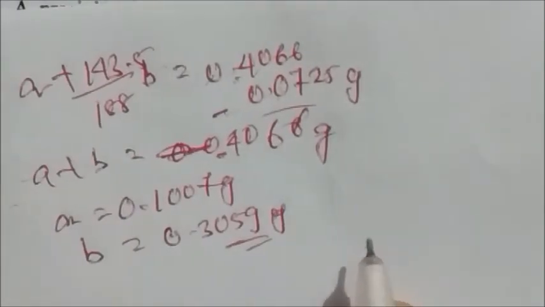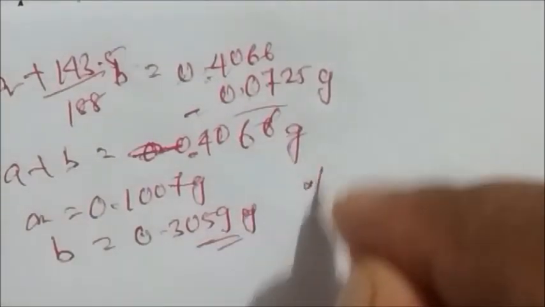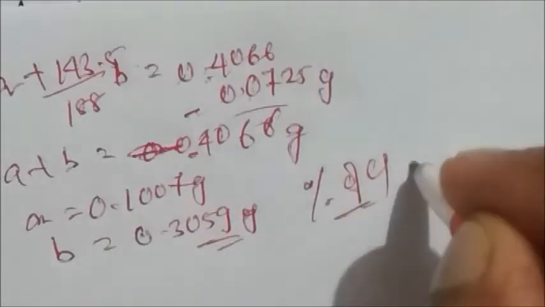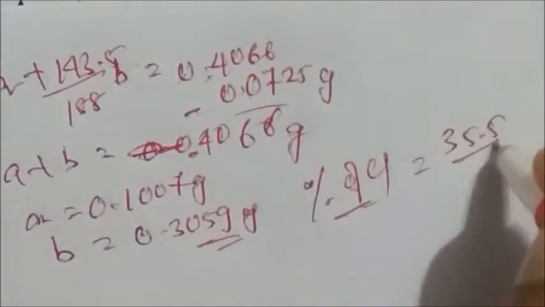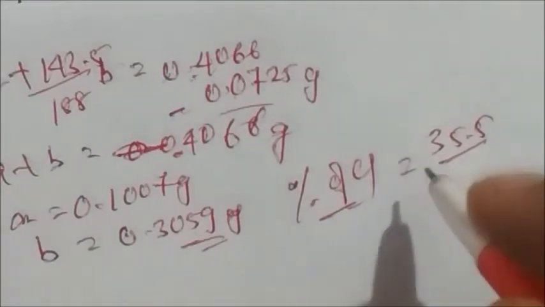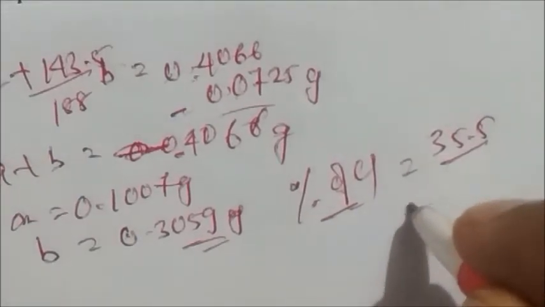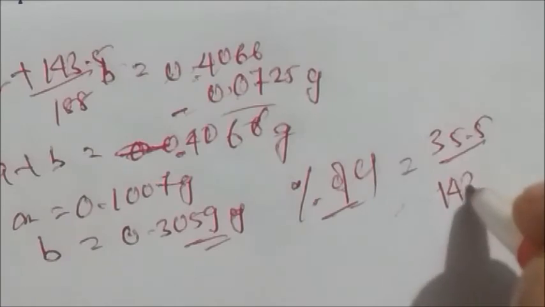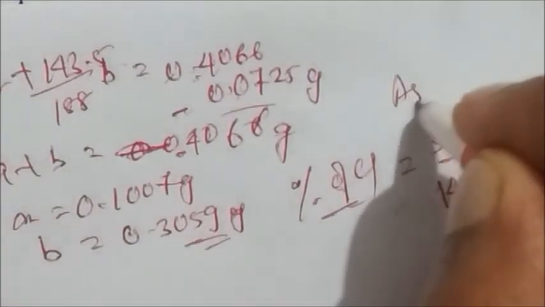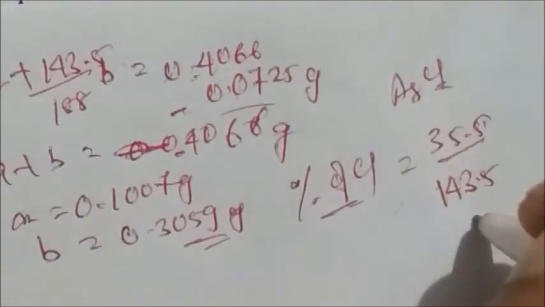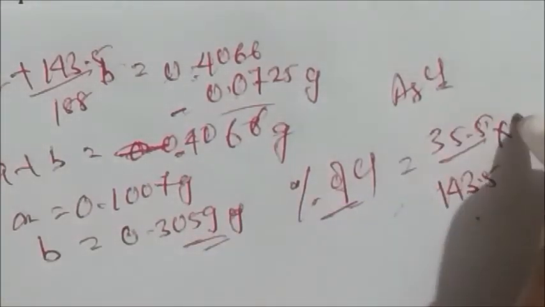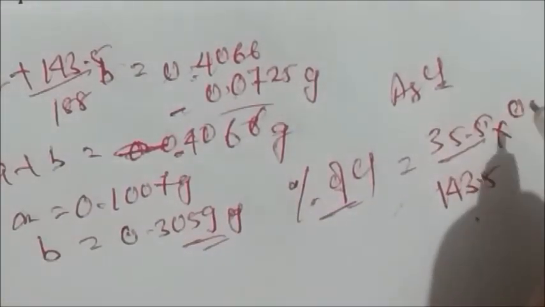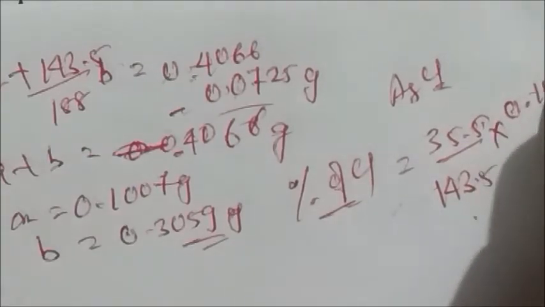The percentage of Cl will be 35.5 divided by 143.5, the molar mass of Cl over the total in AgCl, multiplied by the weight of the AgCl, that is 0.1007.